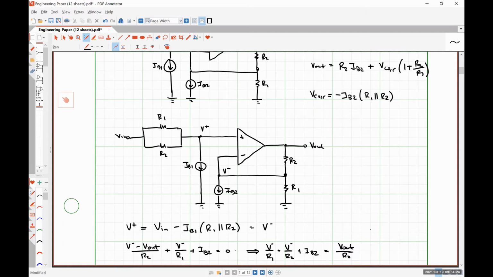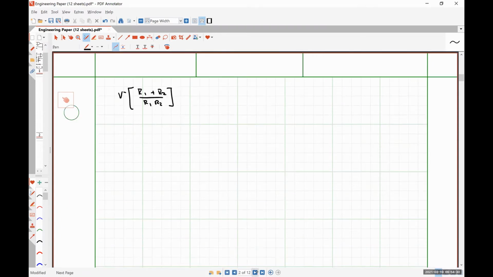I don't have that 1 over, so that's why I am using, go to the next page, the reciprocal of the two resistors in parallel, okay? And that plus IB2 is equal to V out over R2.